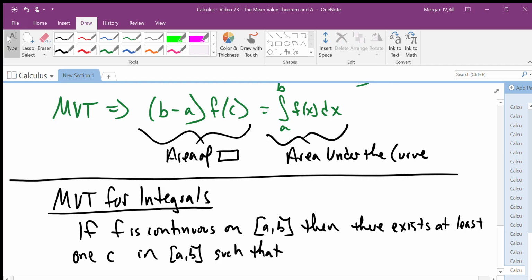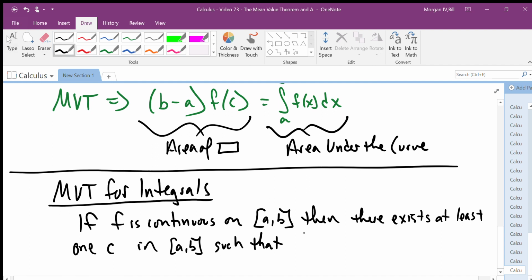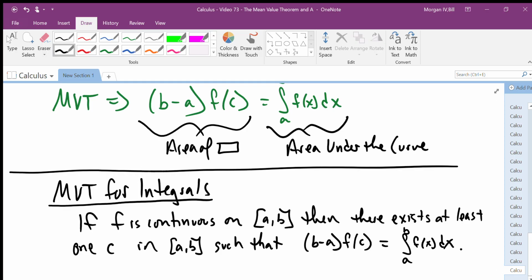the area of the rectangle, b minus a times f of c, is equal to the area under the curve, the integral from a to b of f of x dx. That is the mean value theorem for integrals. And that's great. But typically how we ask this question isn't just, okay, what is the mean value theorem for integrals?